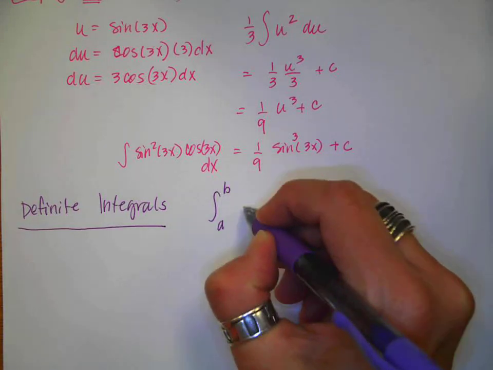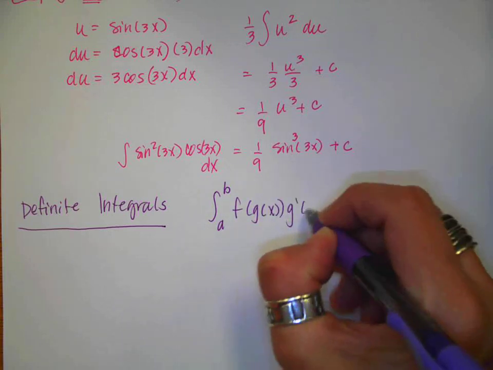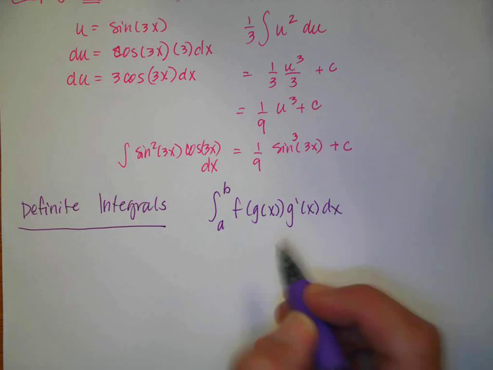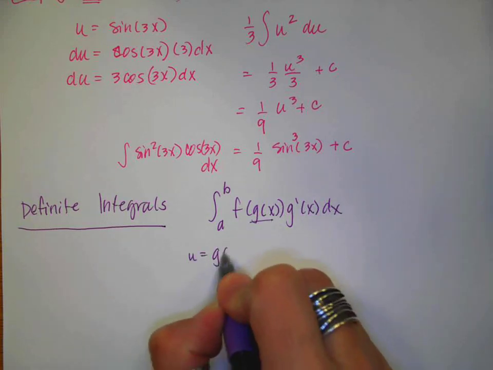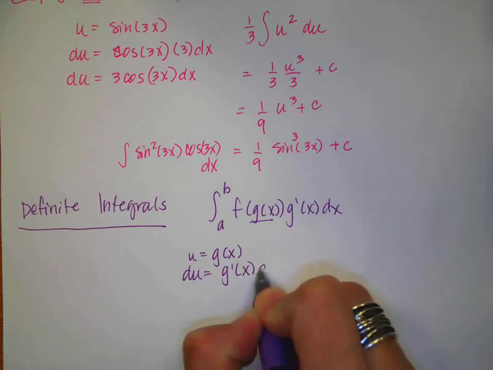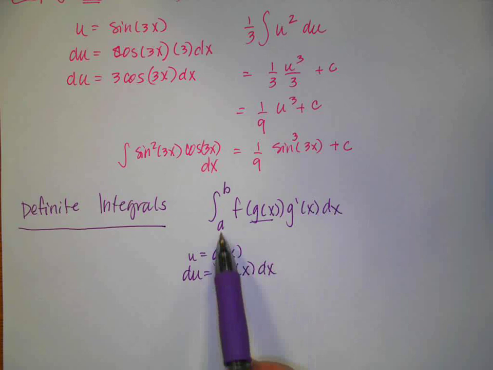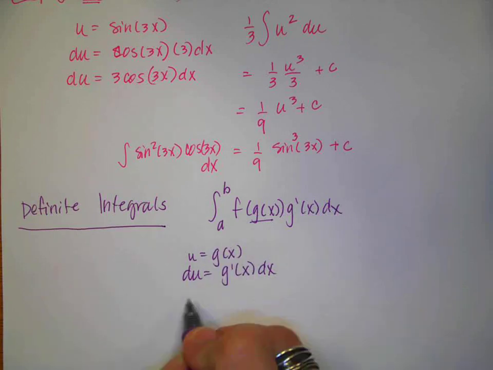So when you do a definite integral with u substitution, if I have f of g of x times g prime of x dx, and I'm going to let u equal g of x, so my du is g prime of x dx. Then I have to manage my indexes, or indices, and I actually don't know how to spell that word, so I'm just not even going to write it.